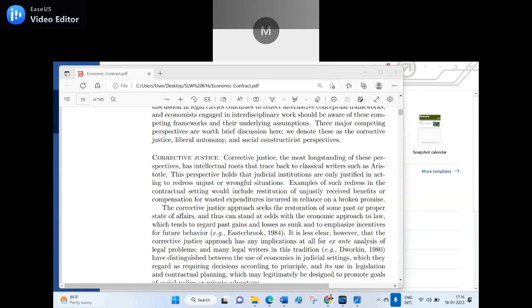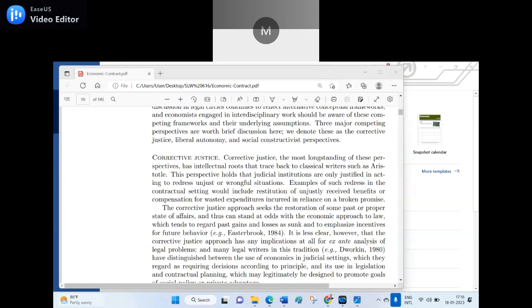So 5 to 10% value is added for the cost, because what we get today, we cannot get next year at the same price. The cost will increase, so they will calculate and measure the cost also. That is the corrective justice method. By following the economic analysis, they give the justice, and that is actually the real justice.